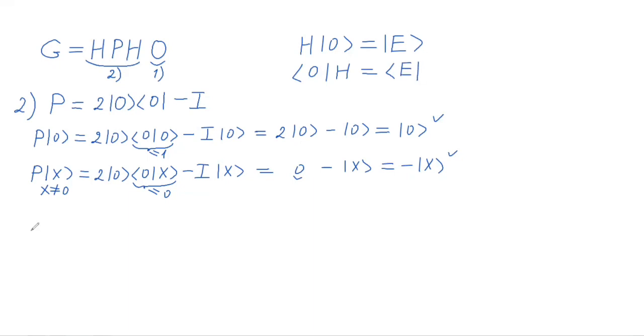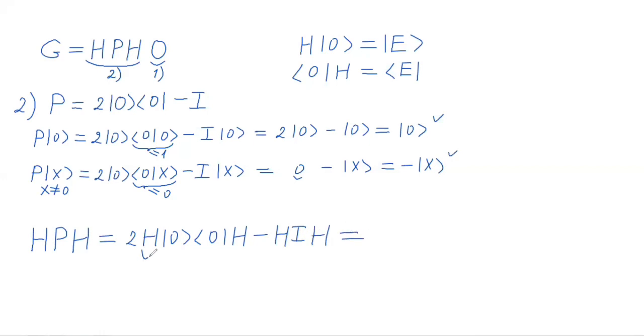And now we can put it all together and write an expression for HPH using everything we know. So this will become 2 H ket 0 bra 0 H minus H identity matrix Hadamard gate.